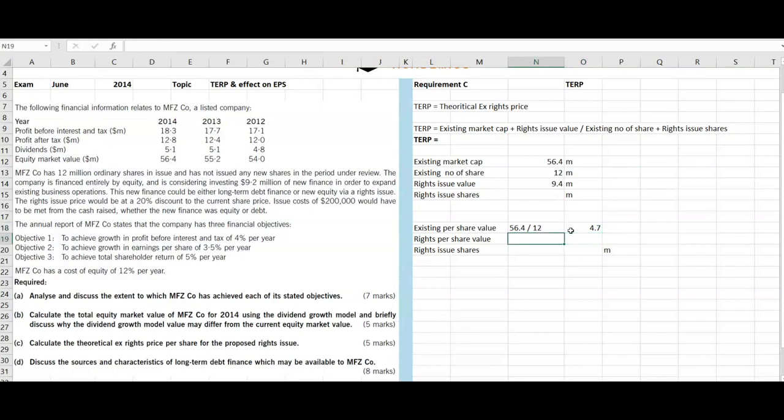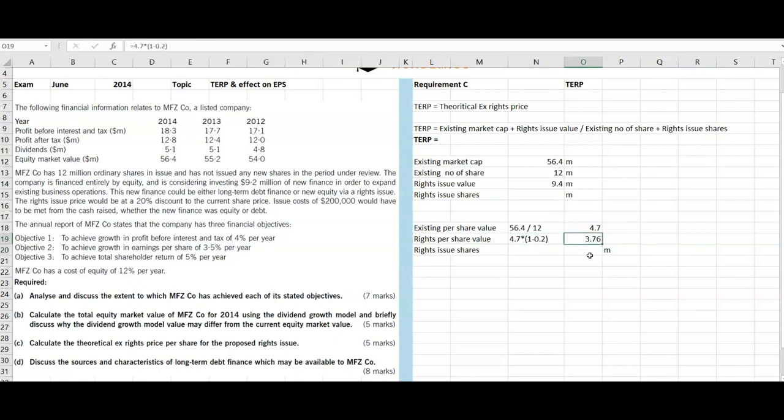Out of this 4.7, there is going to be a discount in the rights issue. The rights issue discount is 20%, so we can mark it like this: 1 minus 0.2. We'll work it out here, and the value comes to 3.76.